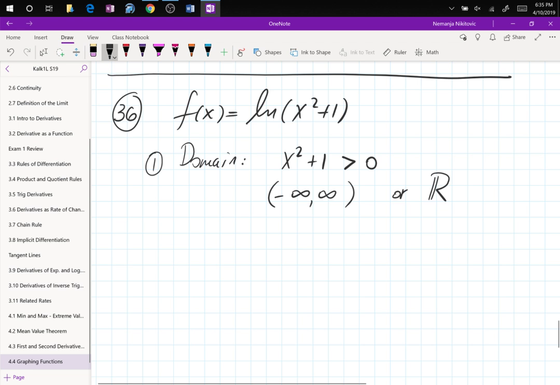And you have your domain. You are used to your ln having numbers bigger than 0 only. But in this case, it's x squared, and that square will take every negative and make it positive. So immediately all of the numbers are okay.